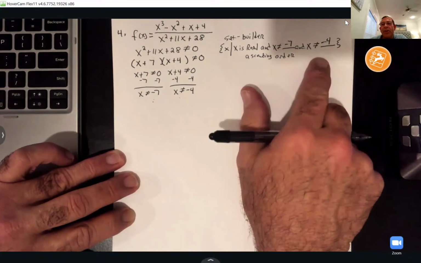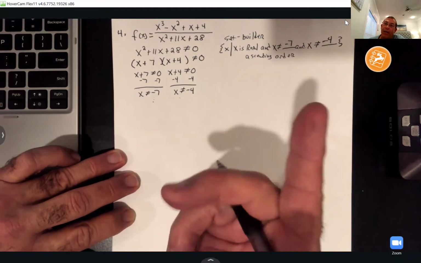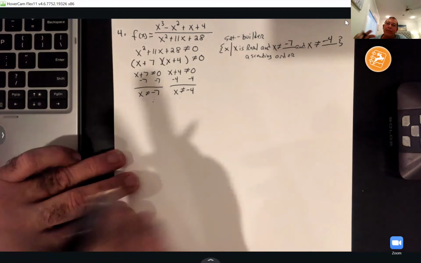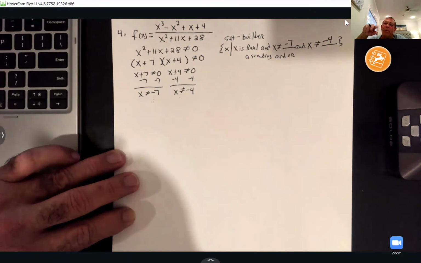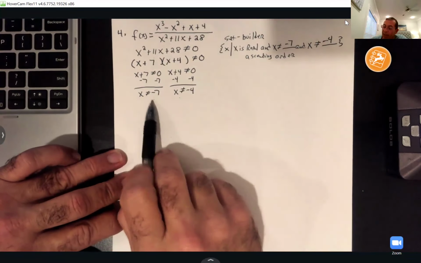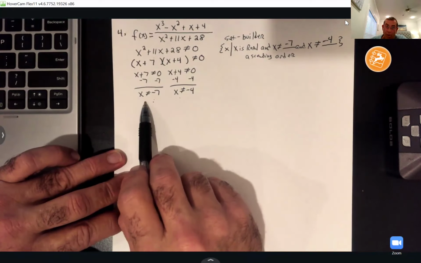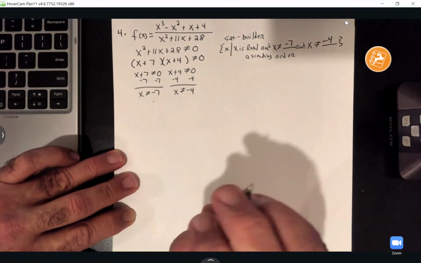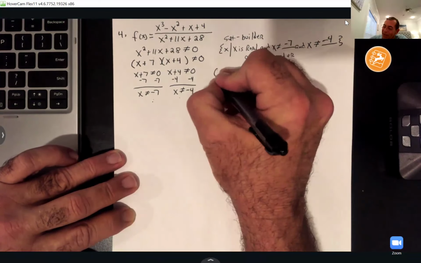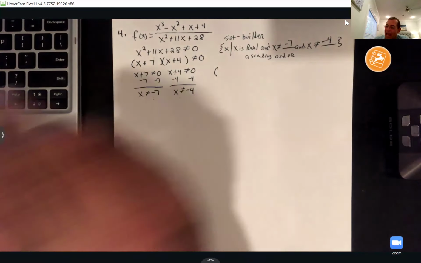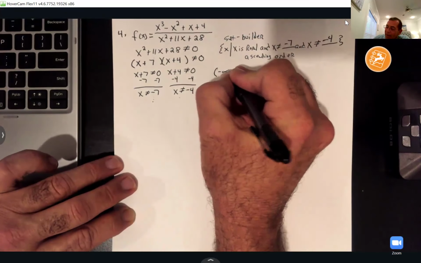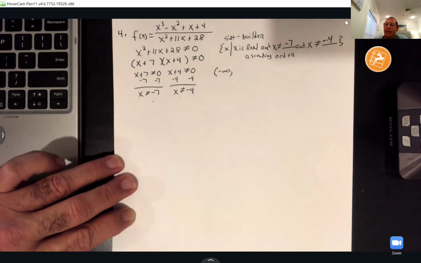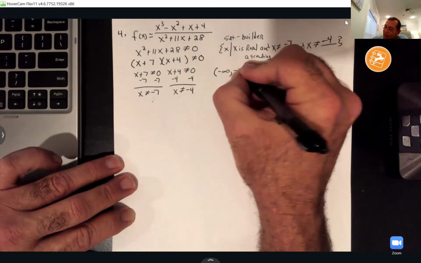And the reason they're doing that is so you get it right on your interval notation. Because a lot of people have trouble with the negative numbers. But remember, the bigger the negative, the smaller. All right, so y'all, let's see. Starting at negative infinity for my interval notation until I hit negative 7.